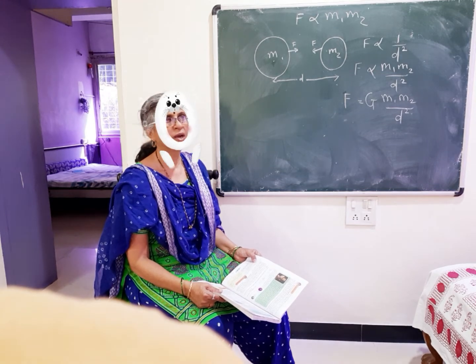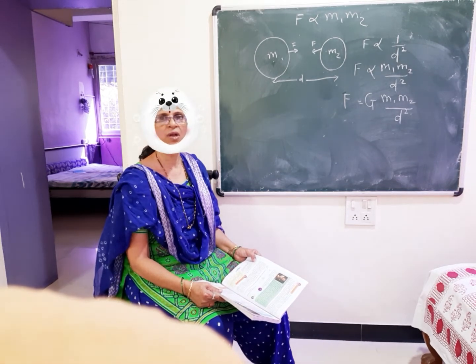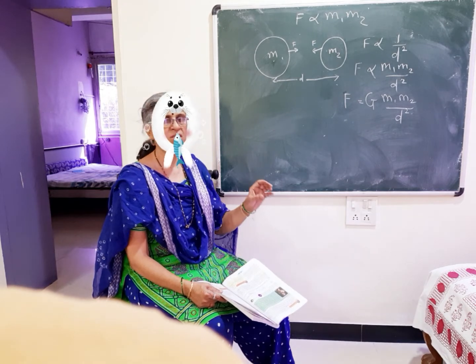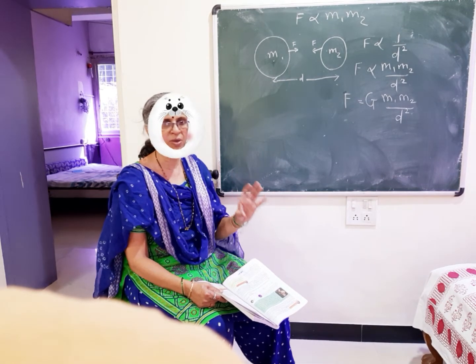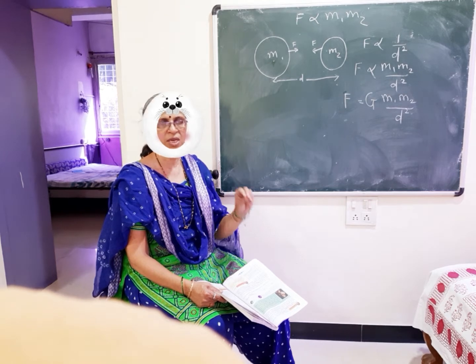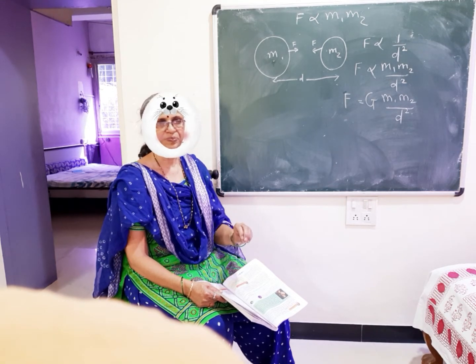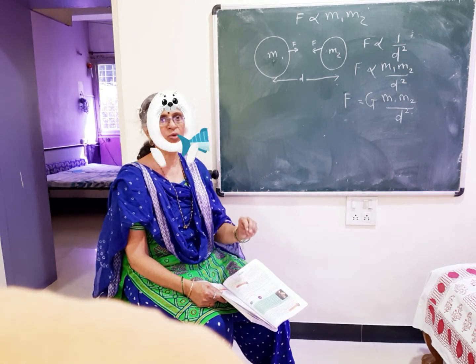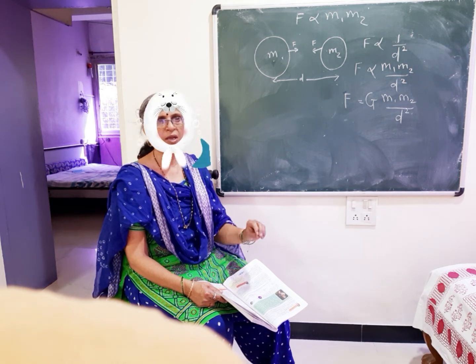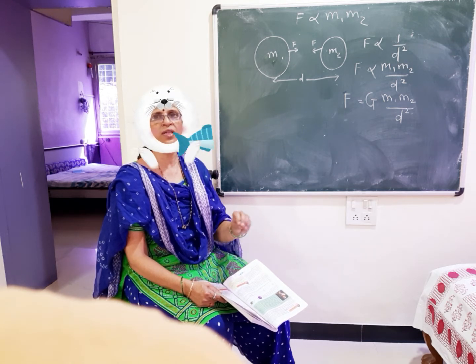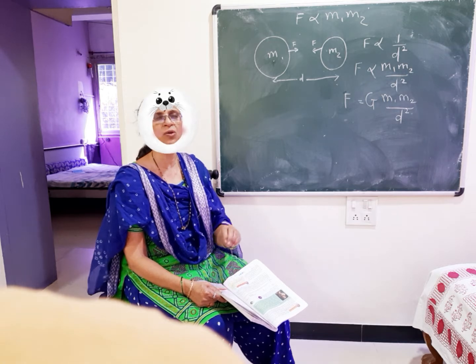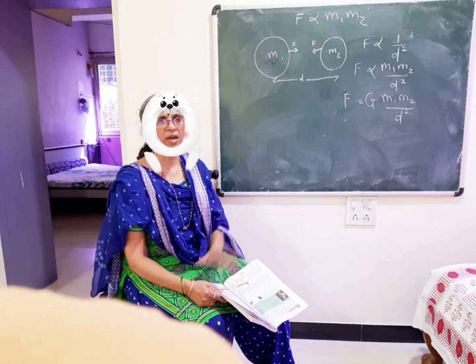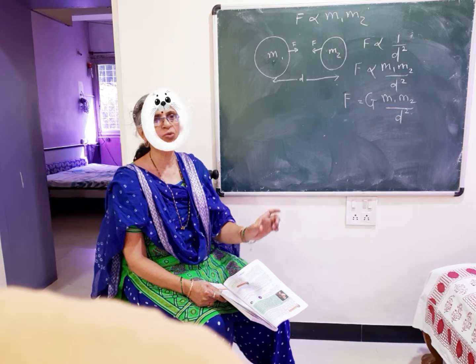Followed? And the distance is taken to be d. That is the case for spherical objects. Whenever the objects are spherical, the direction of force acts along the line joining the centers of the two spherical objects, and the distance between them is considered to be d.